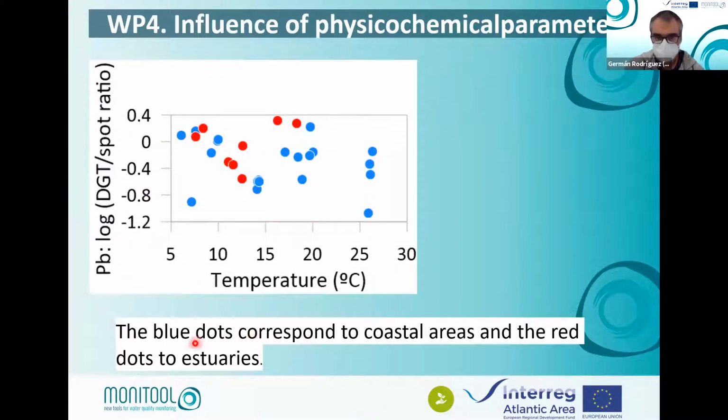Okay. Blue dots correspond to coastal areas and red dots correspond to estuaries. Okay, you can see that there is no clear trend. So we can consider that temperature is not explaining the variability of the DGT to spot sampling ratio for lead.